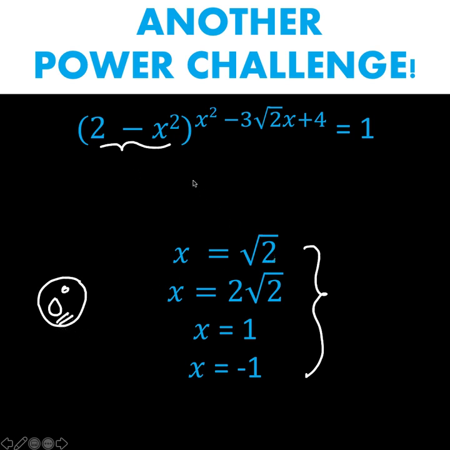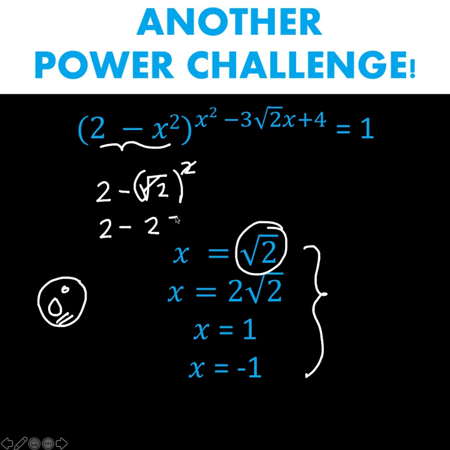But notice that if x is equal to square root of 2, this becomes 2 minus, instead of x, we use square root of 2, and then we square. What is the value of this? So we copy the 2 minus, we can cancel out the exponent and the radical square root. So what is left is 2.